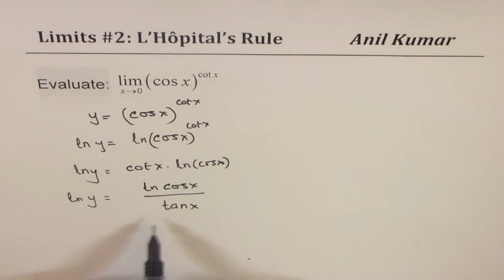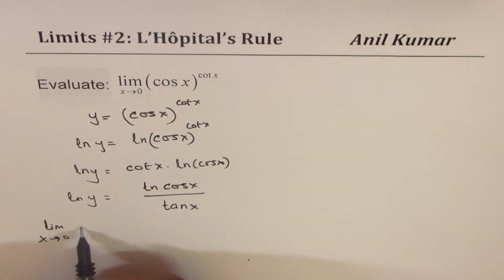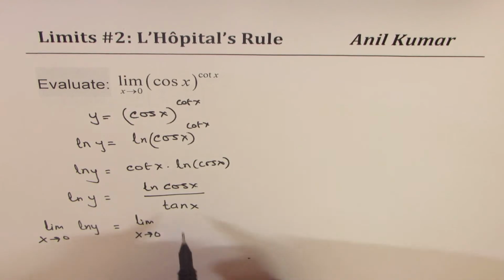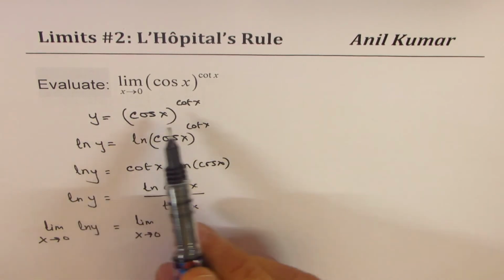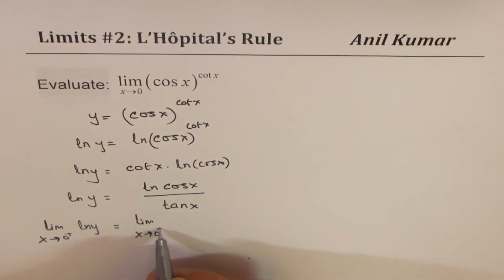Now at this stage, we'll take the limit on both sides, and we'll write this as the limit as x approaches 0 for ln y equals the limit as x approaches 0. Now whenever we're talking about this function, because we're taking natural log, we have to consider it from the positive side.